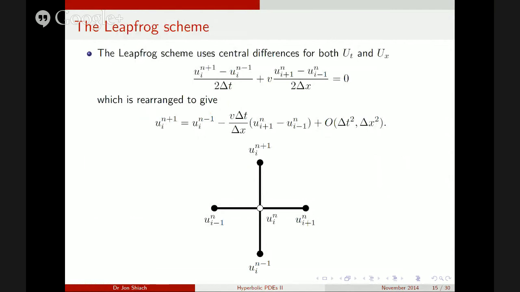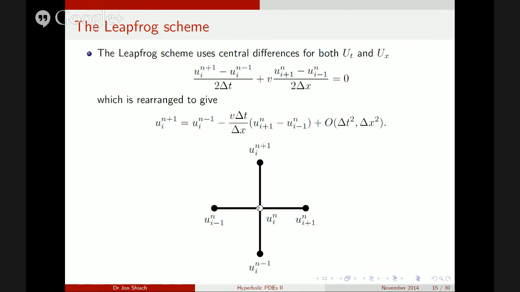This is quite a nice one, Leapfrog. What we do with the Leapfrog scheme is we use central differences for both time and space. So the time derivative we replace with a central difference in time, and the space derivative with a central difference in space. You rearrange this and you get this scheme. It's called the Leapfrog because if you notice in here, at no point do we use u_i^n.